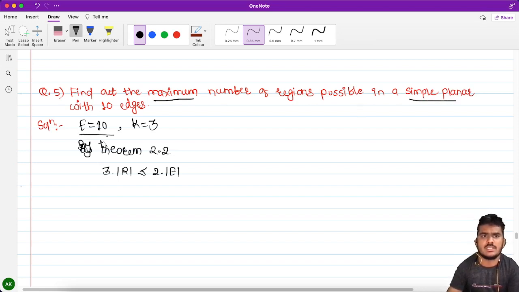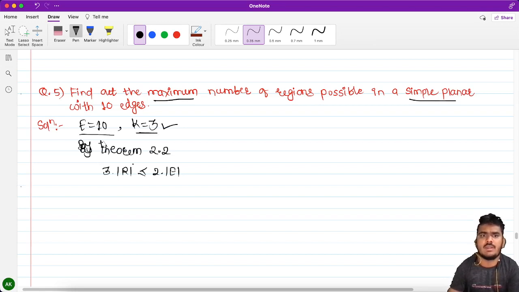Now we know the edges, and this question is a continuation of the previous one. So we know the value of k, the degree of each region. By theorem, when we have to calculate the maximum number of regions, we will use theorem 2.2. It says that k into number of regions is less than or equal to 2 times the number of edges.